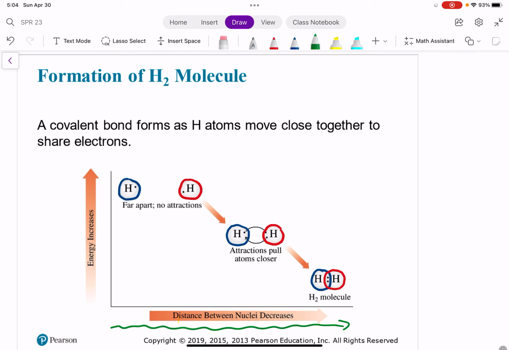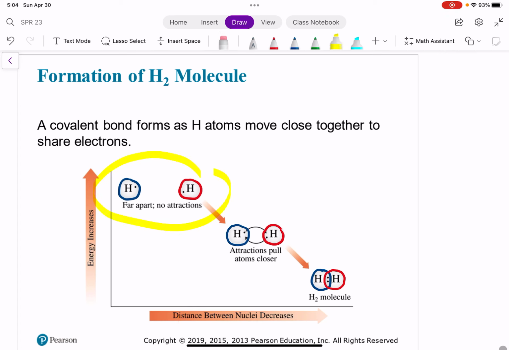So what's that mean? That means our hydrogen atoms are getting closer and closer together as we move to the right on the x-axis. As we go up on the y-axis, our energy is increasing. So the higher we are on the y-axis, the higher our energy is.